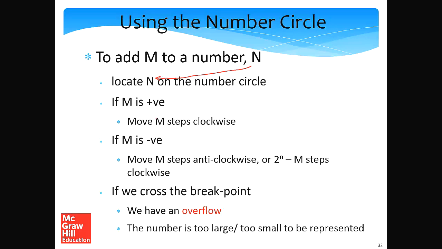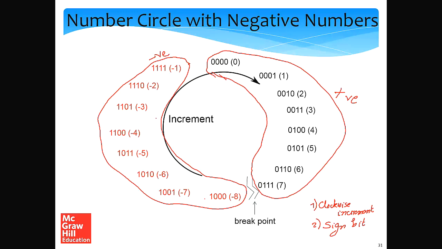So here is a very important point. Let me consider this point 4. I want to subtract 2, so I can move 2 steps anti-clockwise. One step, second step. Moving 2 steps anti-clockwise is exactly the same as moving 14 steps clockwise. This is a very important point that all of us need to remember.